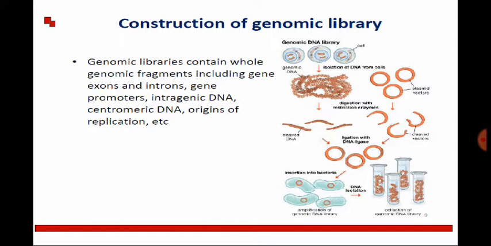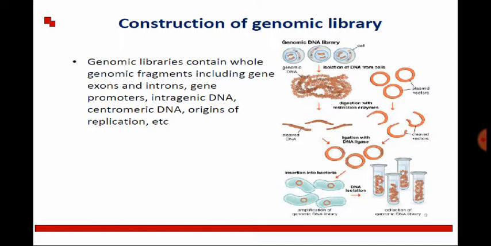The genomic library means a collection, as you know, like a library of books, there are different books of different subjects. Here, the different genes are collected and stored in this genomic library. The genomic library contains whole genomic fragments including genes, exons and introns, gene promoters, and intergenic DNA.